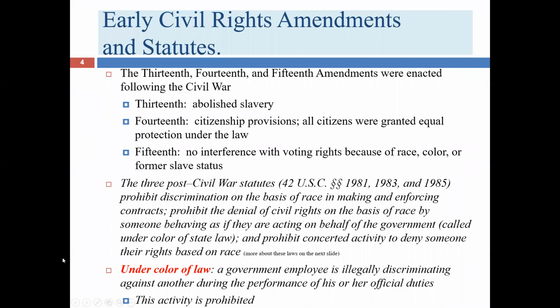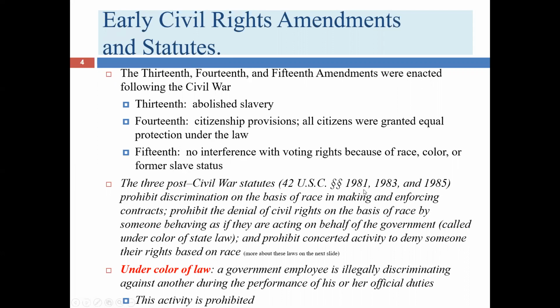Okay, so the history of civil rights in the United States obviously is very long and very gruesome at times and very sad at times. We're not going to obviously talk about the Civil War and all that kind of stuff. That's beyond the scope of this class. But there are 3 statutes that came down right after the Civil War. Many times they're called Reconstruction era statutes that we call Section 1981, Section 1983, and Section 1985.